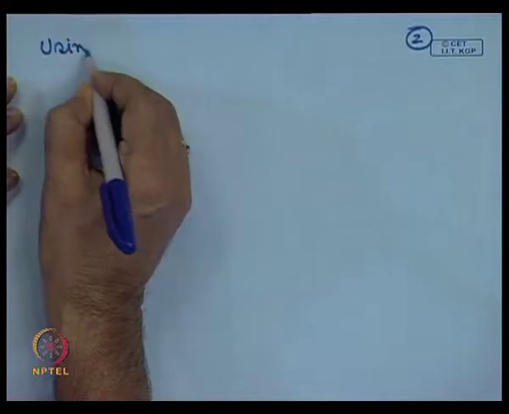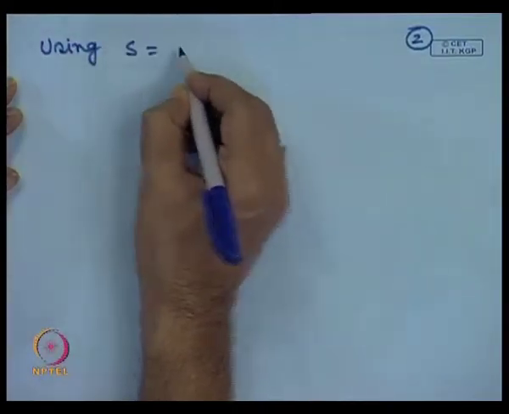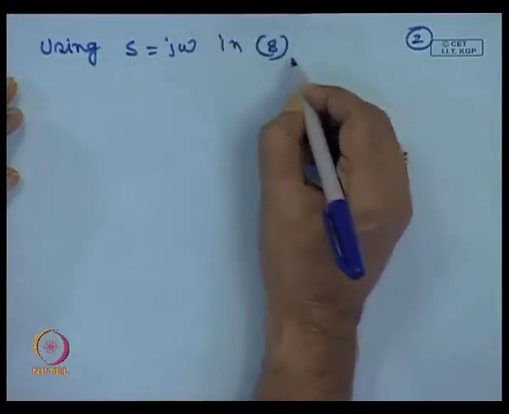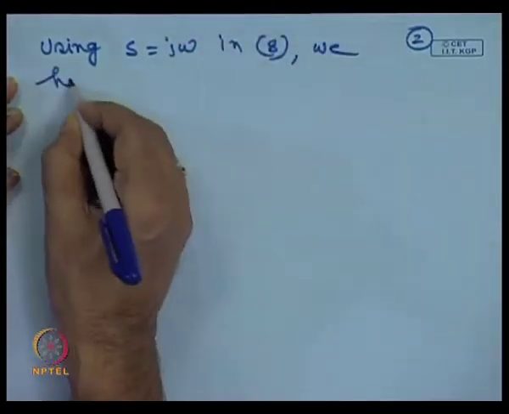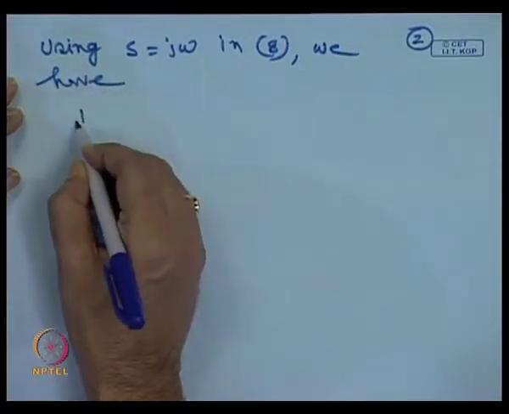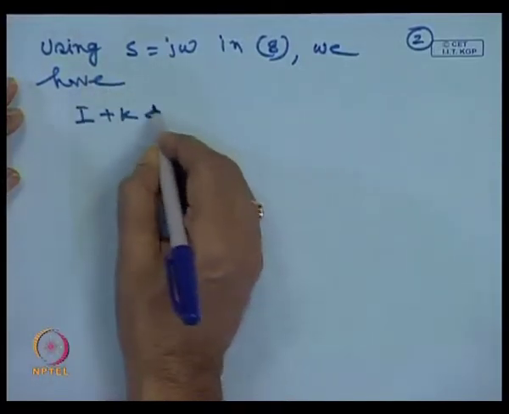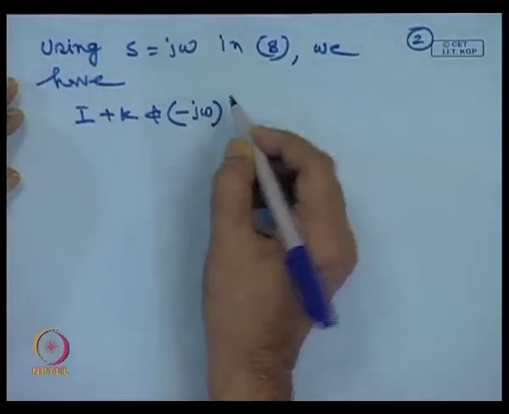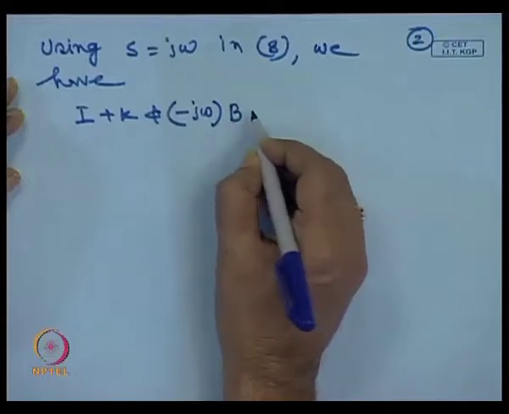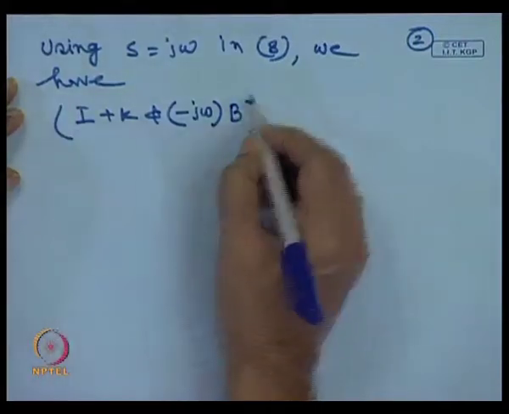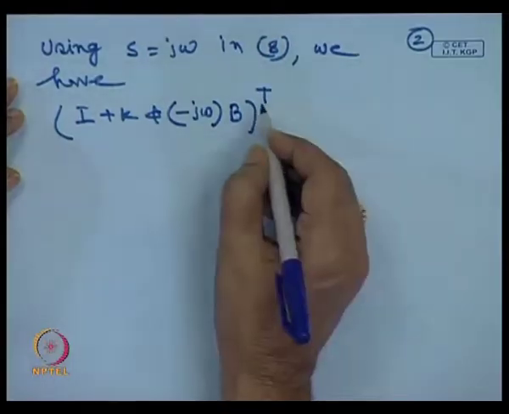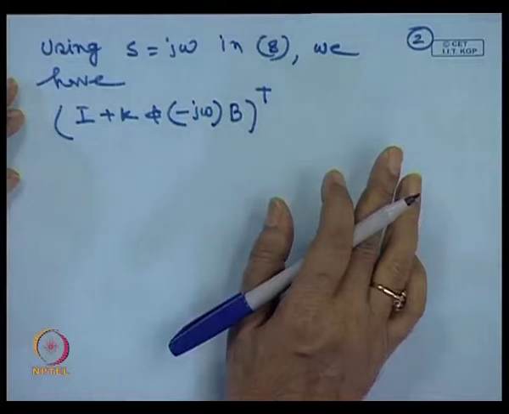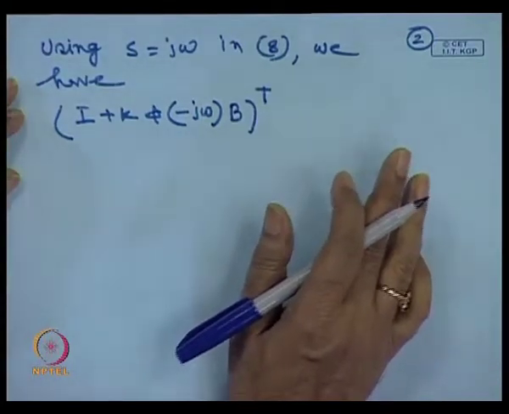using S equal to j omega in the frequency domain. In equation 8 we now have I plus K phi(S), with S replaced by j omega, then B, whole transpose. Wherever S was there in equation 8, S is replaced by j omega.